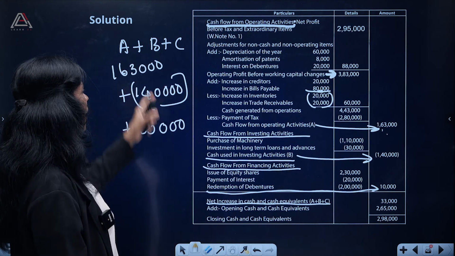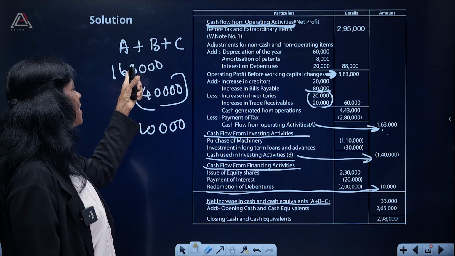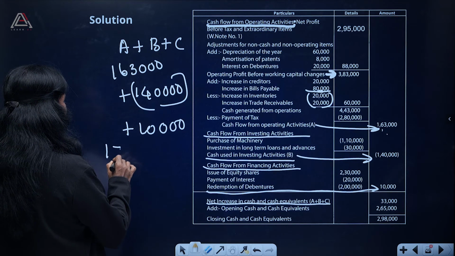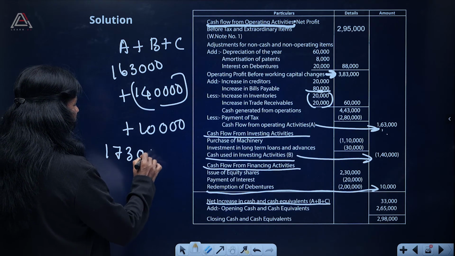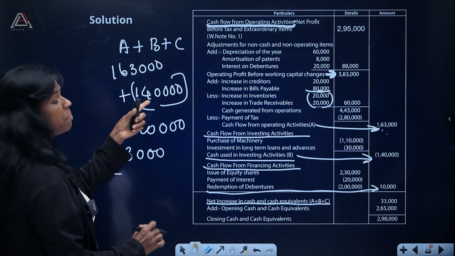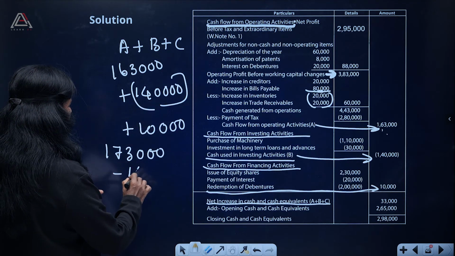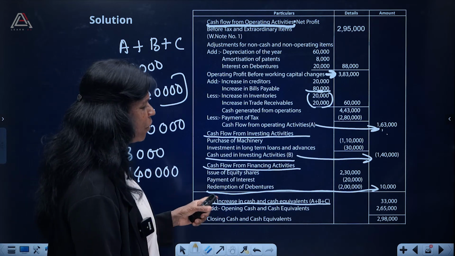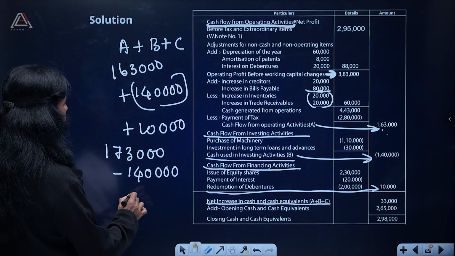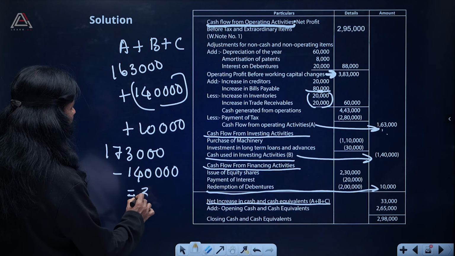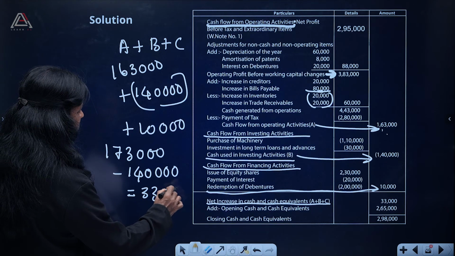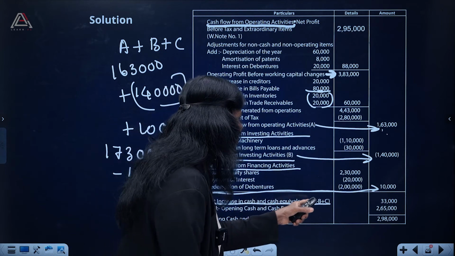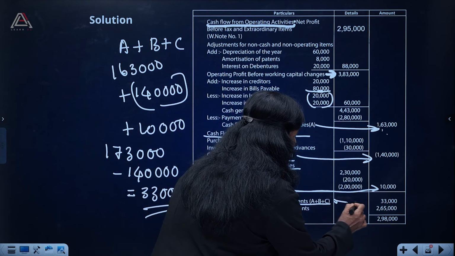So, first you have to add all the plus figures. 1,63,000 plus 10,000, how much is it? 1,73,000. From 1,73,000, now the minus figure 1,40,000 we have to subtract. So we got 33,000. This is the net increase in cash and cash equivalents, that is 33,000.